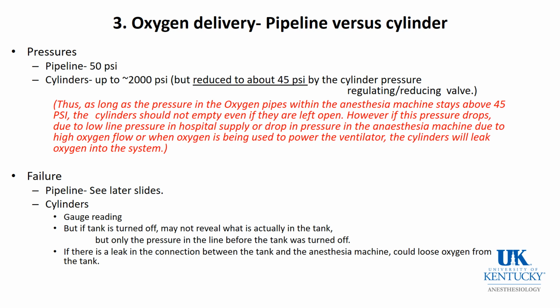And so as long as the pressure in the oxygen pipes is higher than 45 psi, no gas will come out of the cylinder, even if it's left open. On the other hand, if it is left open and the pressure falls in the pipeline, the cylinders will start to empty. I'm going to talk later about pipeline failure, but we need to digress here about cylinder pressure. When the cylinder pressures fall, the gauge reading will go down.